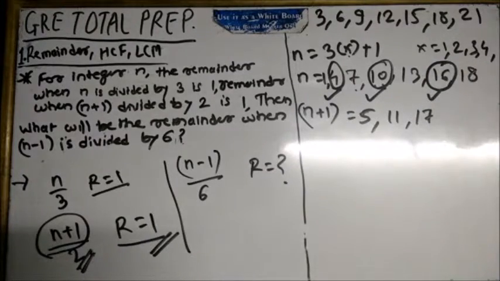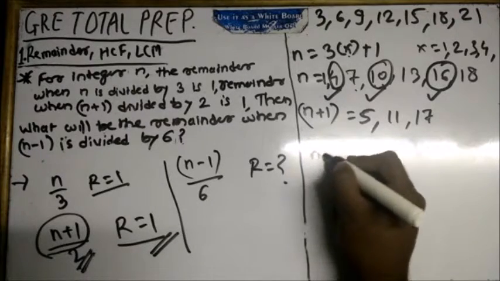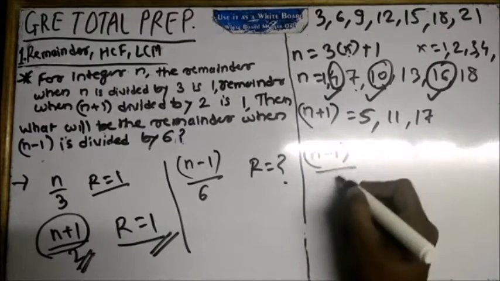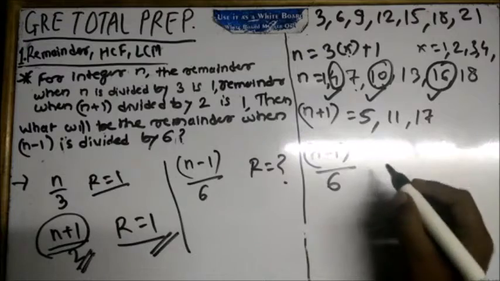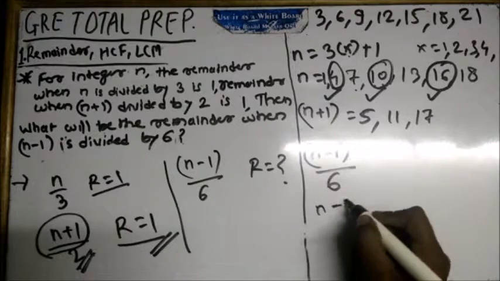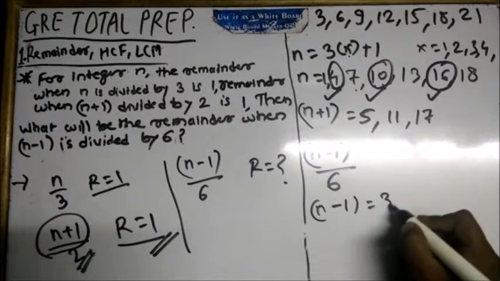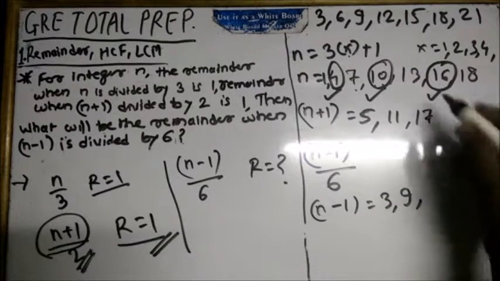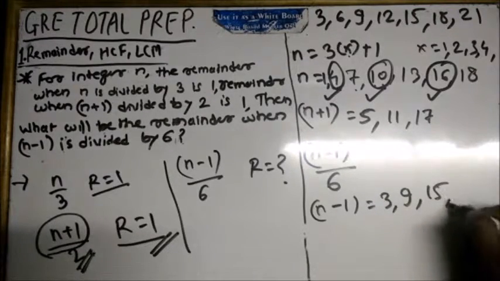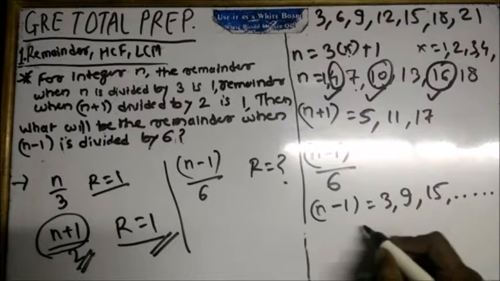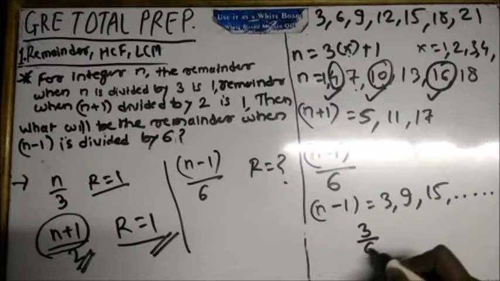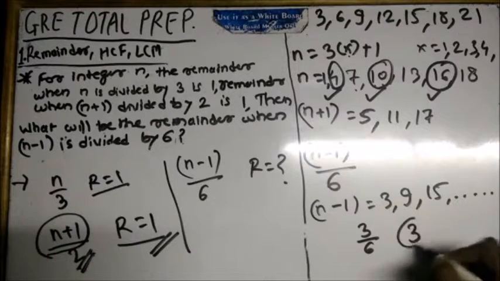16, and like that. Now when they are saying n minus 1 is divided by 6, let's find out what n minus 1 is. As n is 4, 10, 16, n minus 1 can be 3, 9 or 15, and the series goes on. When 3 is divided by 6, the remainder is 3.